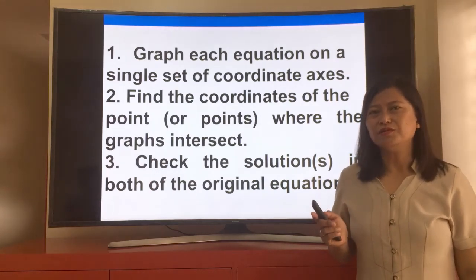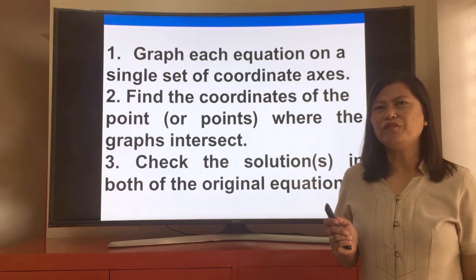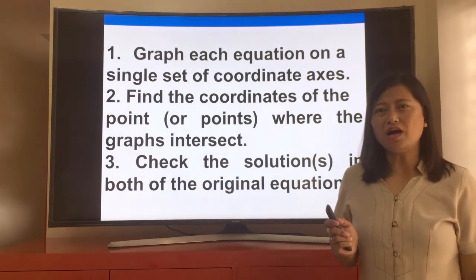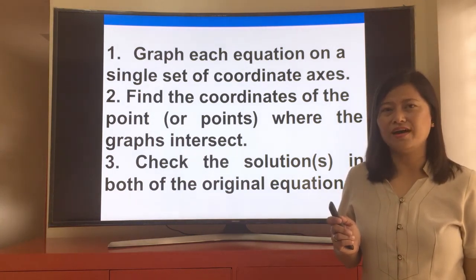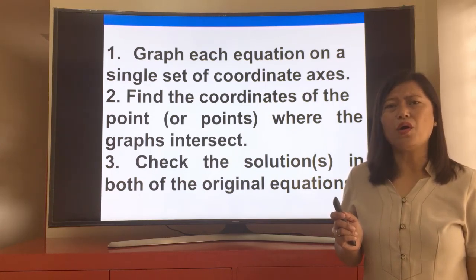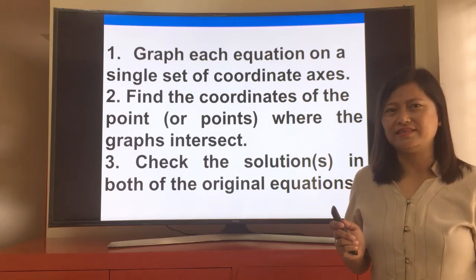Reminder, be careful in graphing. This method of solving systems of linear equations has one weakness, that of accurately determining the coordinates of the point of intersection of the lines. A slight difference in the scaling of the coordinate axes can lead to a completely new set of coordinate readings.